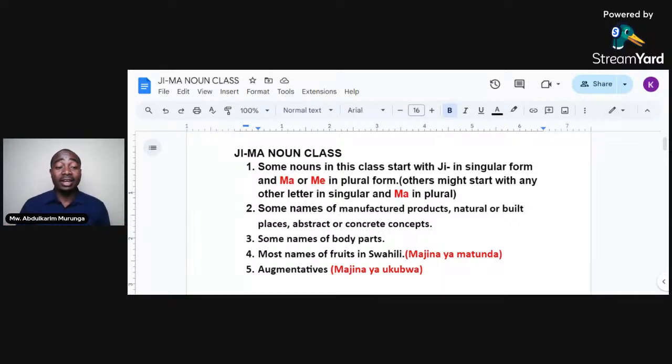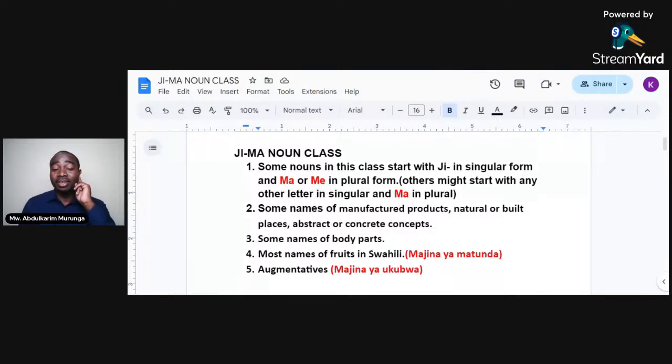Okay, another characteristic for the nouns in this Jima class is, we said some nouns start with G in singular form and ma in plural form, but not all of them. Some cannot start with G, some just start with any letter, but they have ma in plural form. Another example is this, sikio. Sikio means ear.